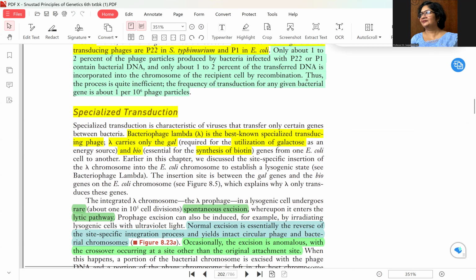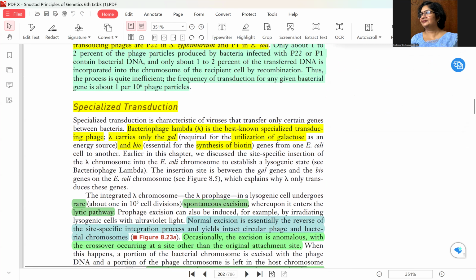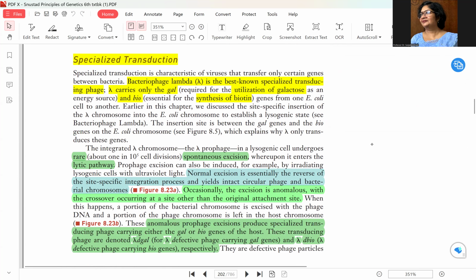For specialized transduction, the lambda virus is a very common example of a virus which can cause specialized transduction of E. coli. The lambda viral DNA can become integrated into the bacterial DNA when the virus infects the E. coli host cell.